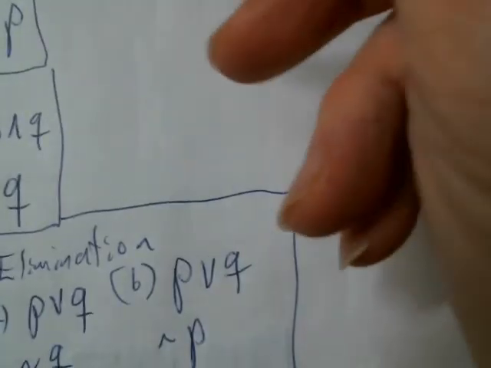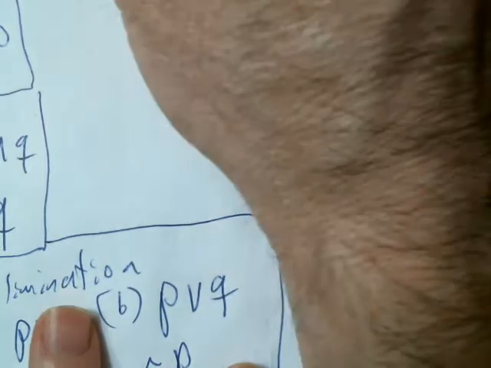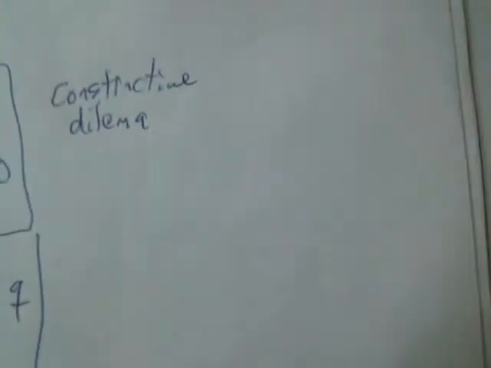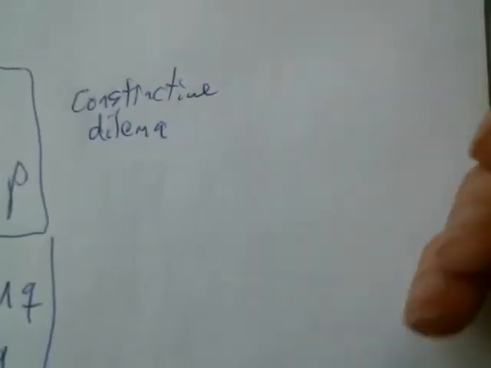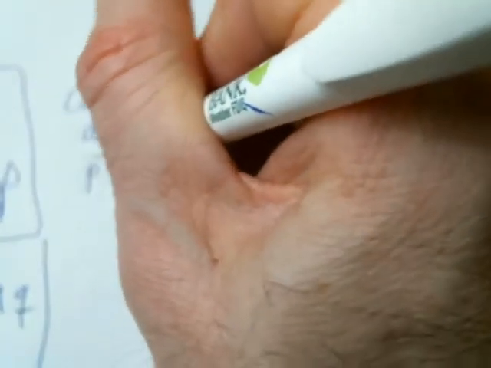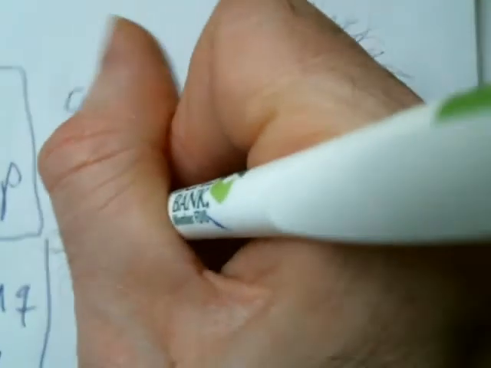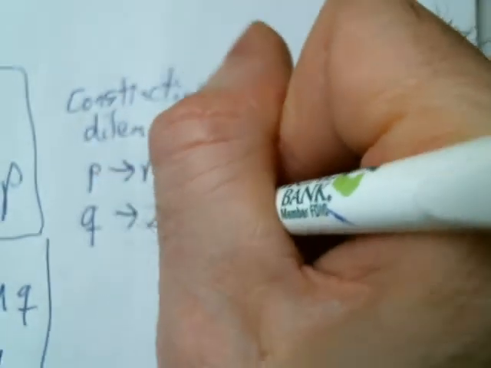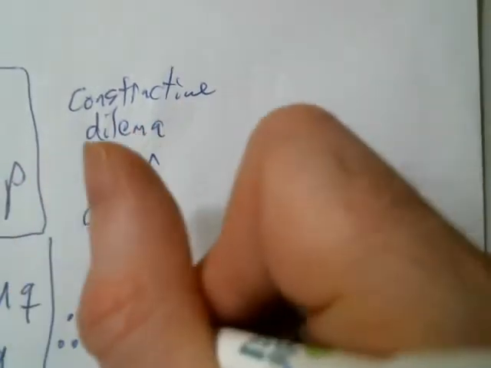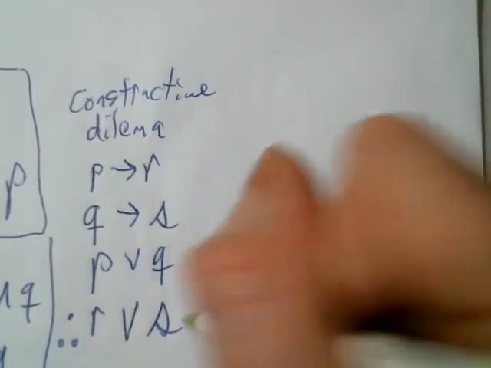One more for fun, which may not be in the book, the constructive dilemma. And then we're just going to do some arguments or proofs. Constructive dilemma: if P then R, if Q then S, and P or Q implies the final conclusion is R or S must be true.